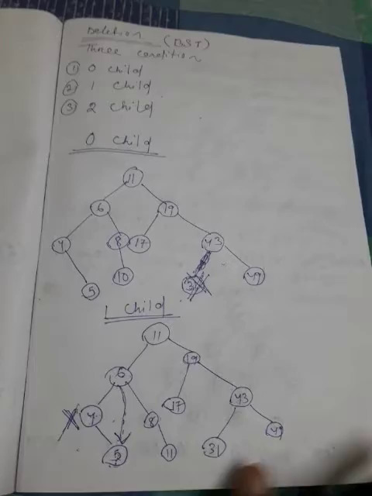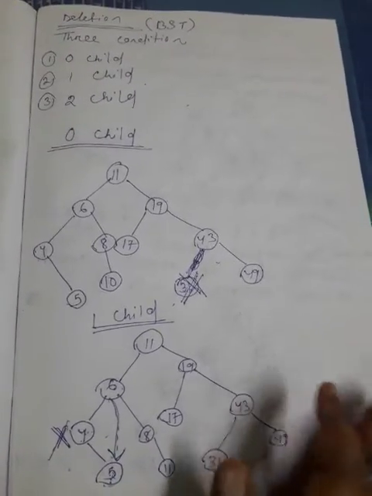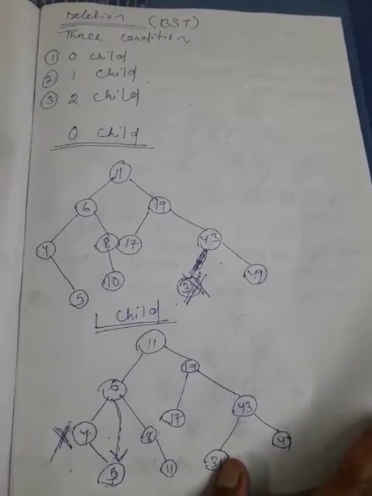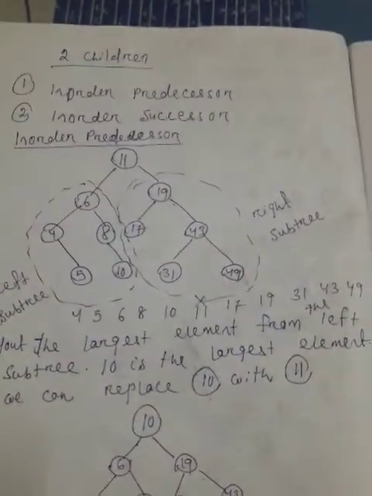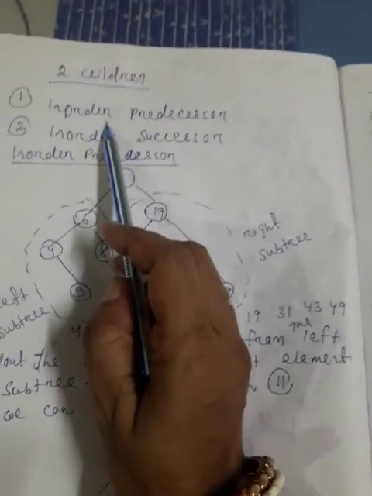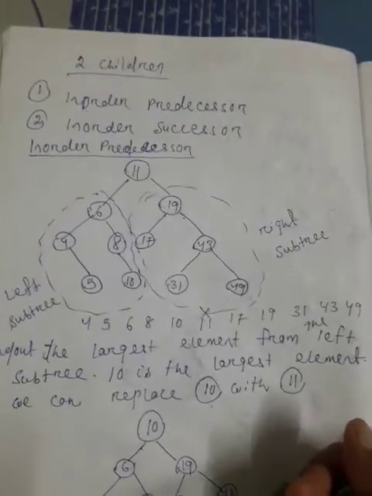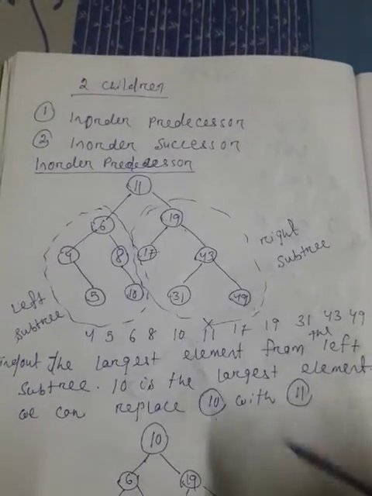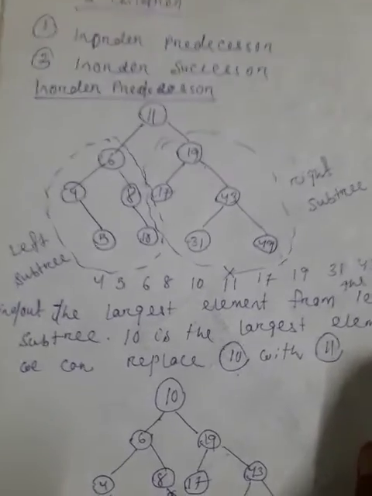Then we take the third condition, which is if two children are present under a node. Here we take one condition as in-order predecessor, and the second condition as in-order successor. First we take in-order predecessor.